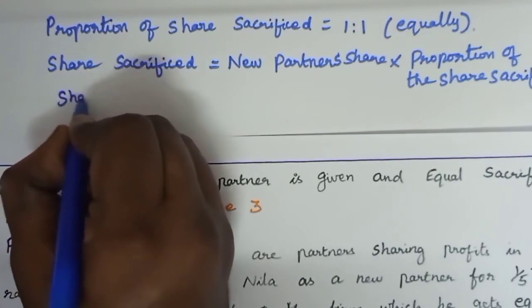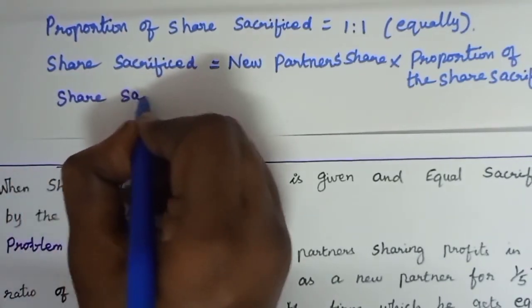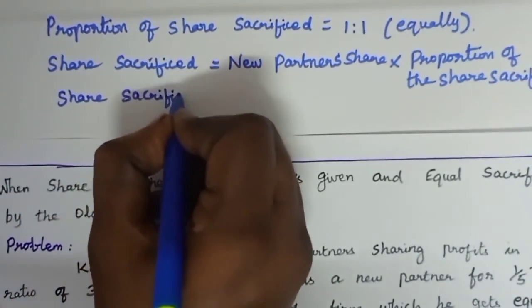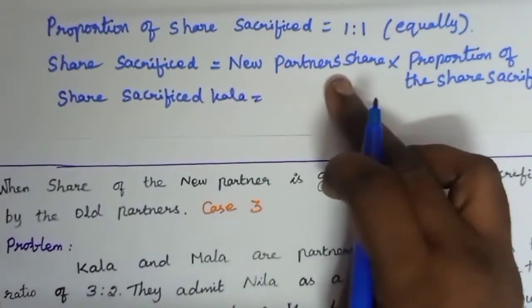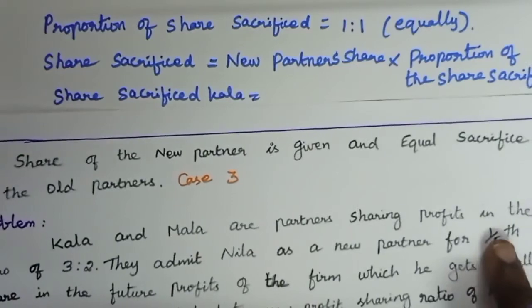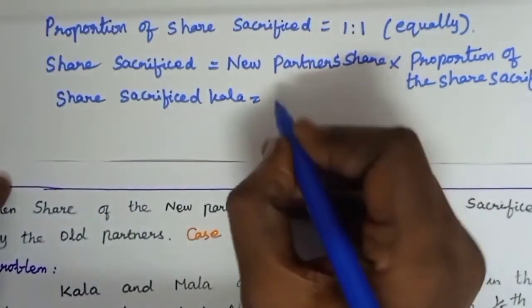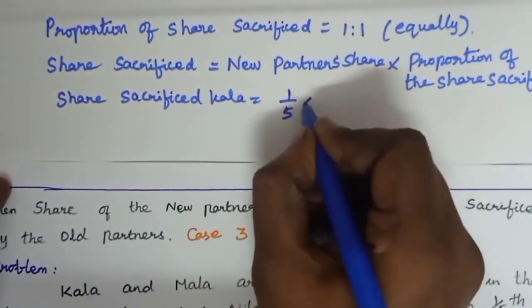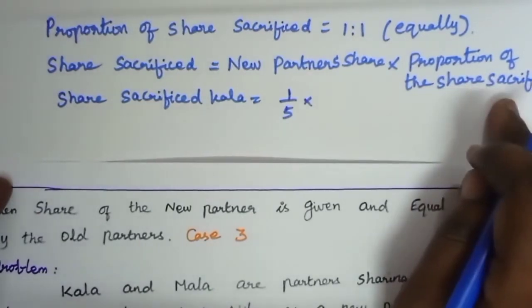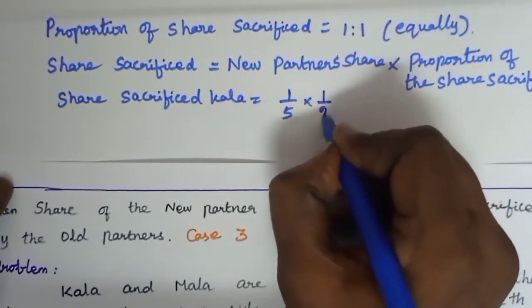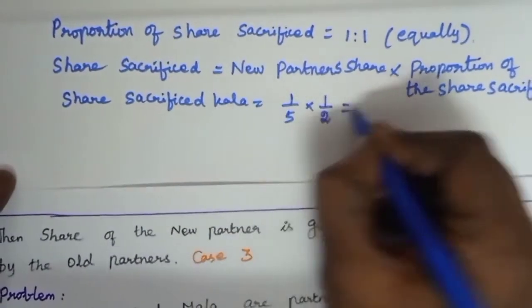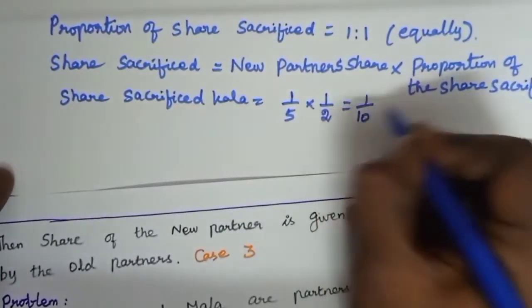Share sacrificed by Kala: new partner's share is 1 by 5, proportion of the share sacrificed 1:1, that is 1 by 2. 1 by 10.